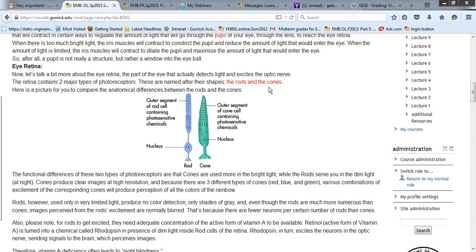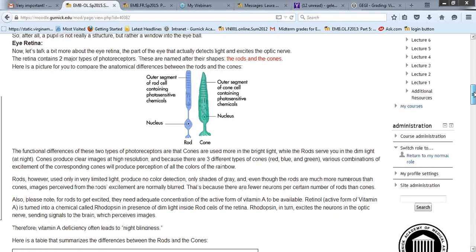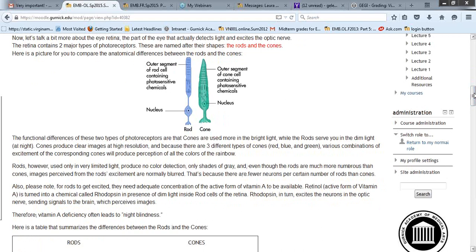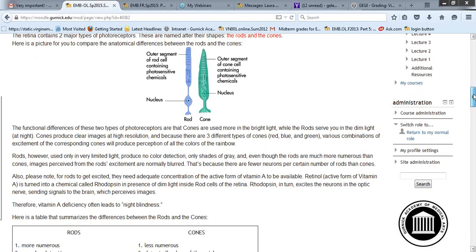The rods are used in dim light, so at night when there's not a lot of light, when it's dark in the room, that's when you use your rods. Rods use vitamin A or retinol to get activated in the presence of dim light.